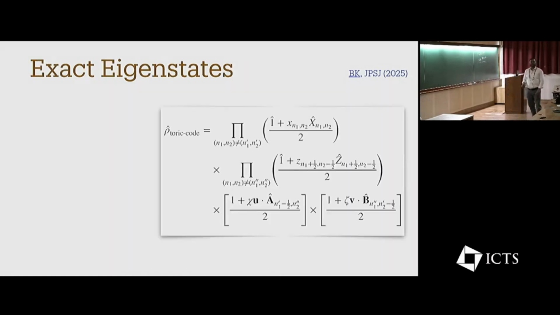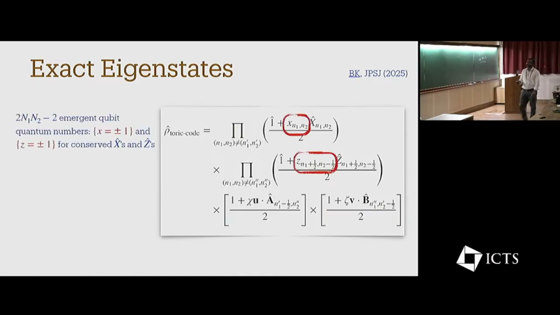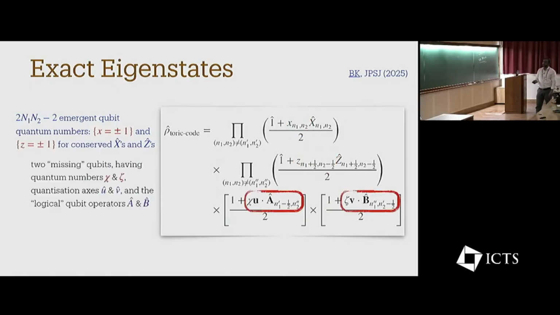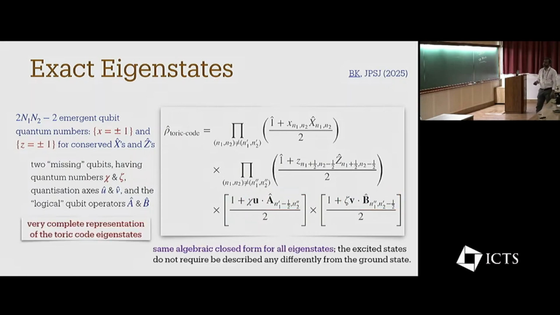And then you can construct the exact eigenstate. Just allow me, I'll quickly finish, not too many slides. This is the exact closed form expression, which describes not one state but any Toric code eigenstate, labeled by the emergent qubit quantum numbers, the x's and z's. The missing qubits in physical space, you could call them logical qubits.